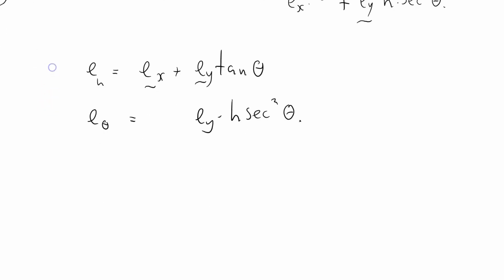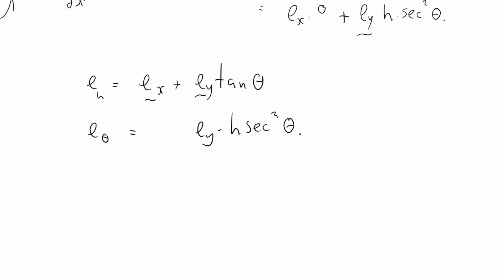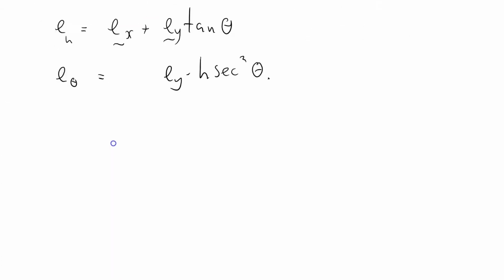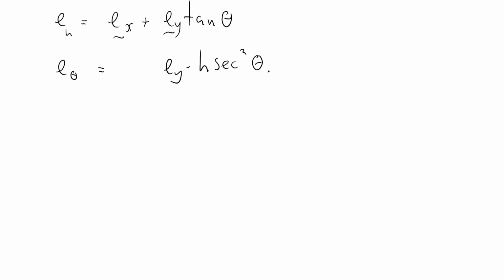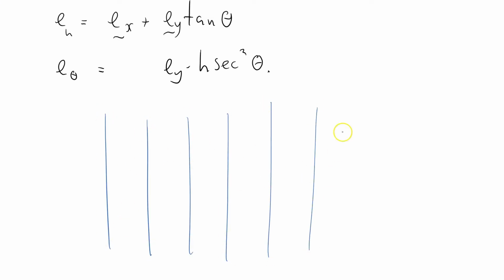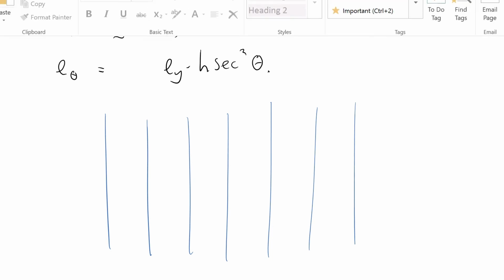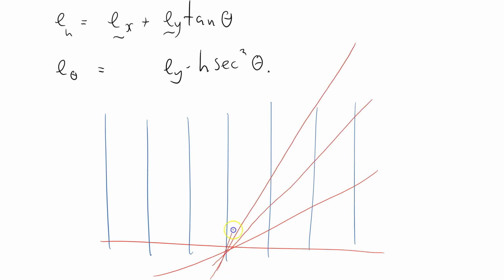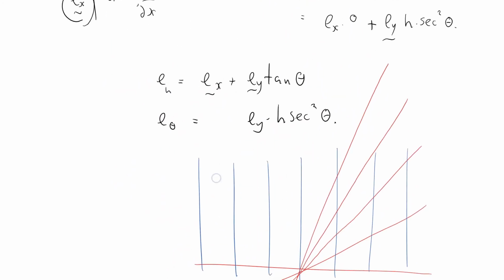So there they are. At any particular point, let me go back. I'll draw it again. My system's not being very responsive today. Here's my lines of constant h. Lines of constant theta look like this. I'm at a little point here, so I want to work out what EH is.